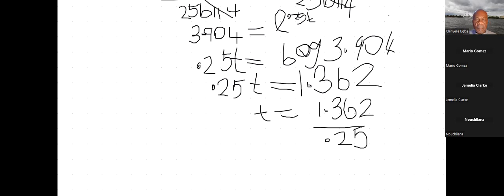I got 5.448. That's correct. That is the correct answer. 5.448. So if you take 5.448 years, nearly 5 years, nearly 6 years, actually 5.5 years, not nearly 5 years. Nearly 5.5 years for the population to grow to 1 million.